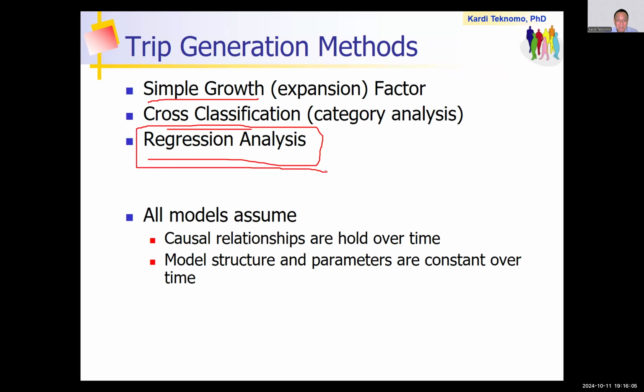But remember, in all these models, you assume there is some causal relationship between the input and the output, and you also assume the model structure and the parameters are constant over time.